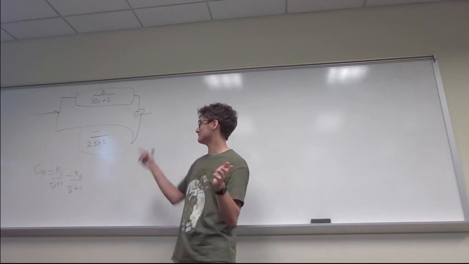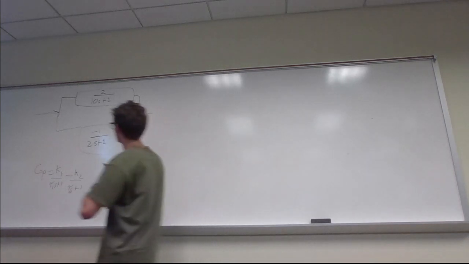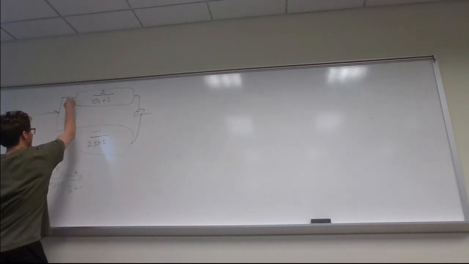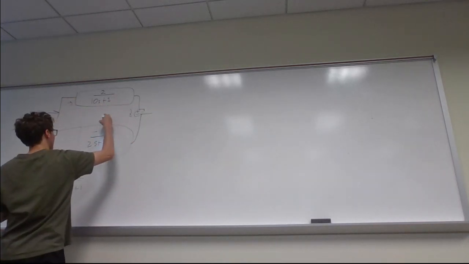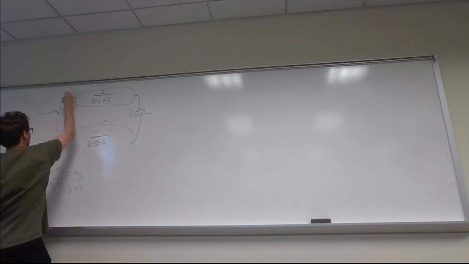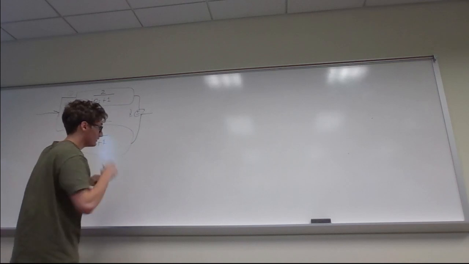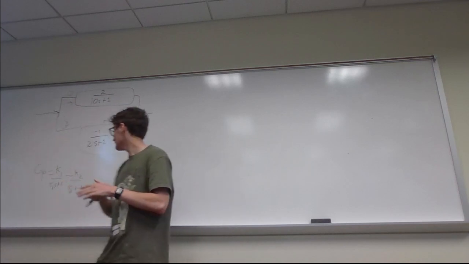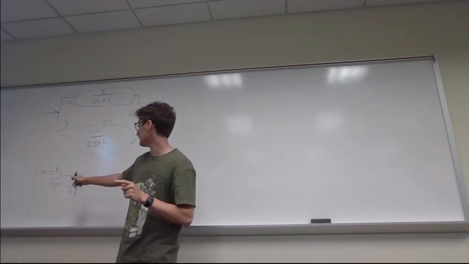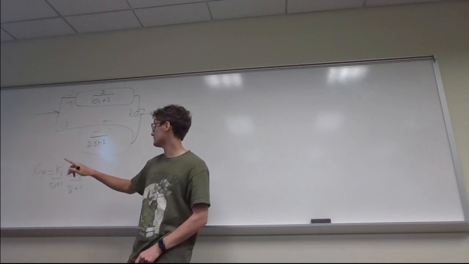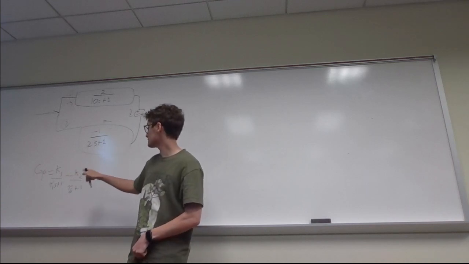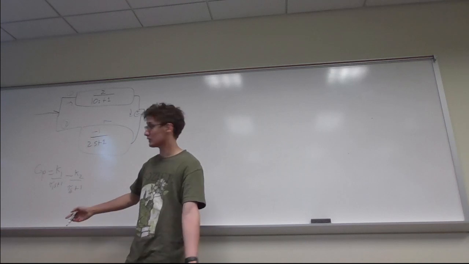We've got a loop controller thingy where it goes that way, that way, that way. We're going to call this 1 and we're going to call this 2. And we're told that GP equals K1 over tau 1 s plus 1 minus K2 over tau 2 s plus 1. And now we're going to make that look better.